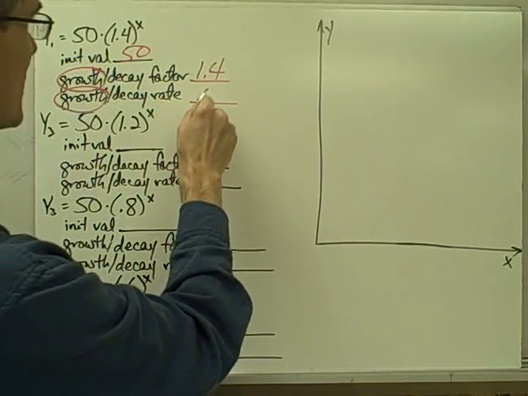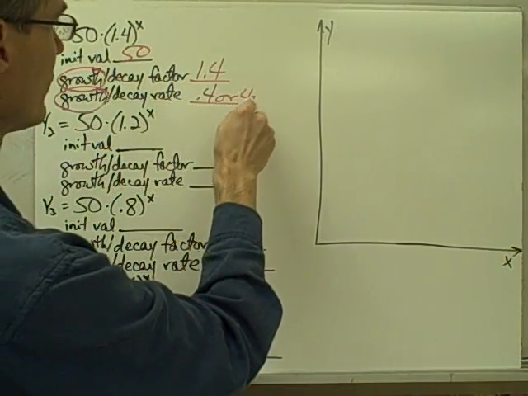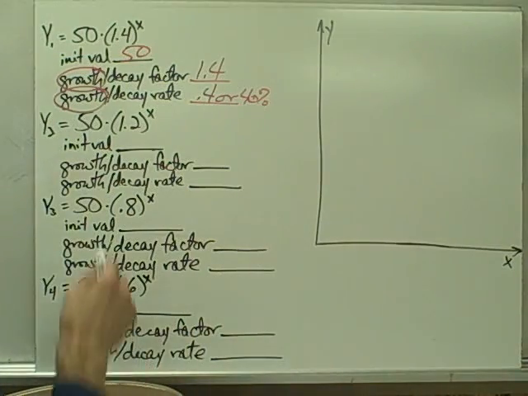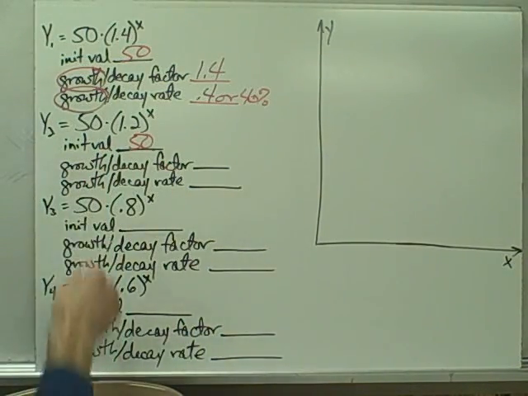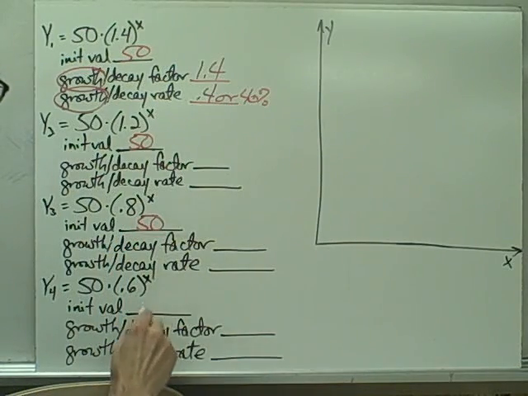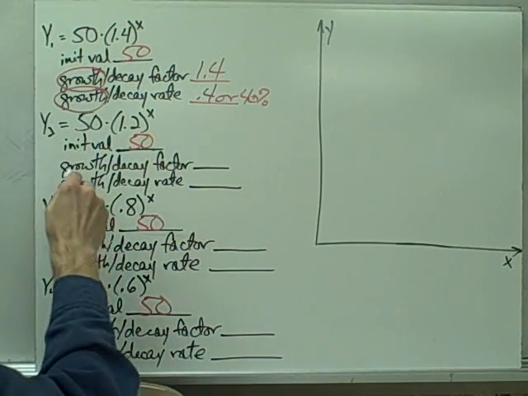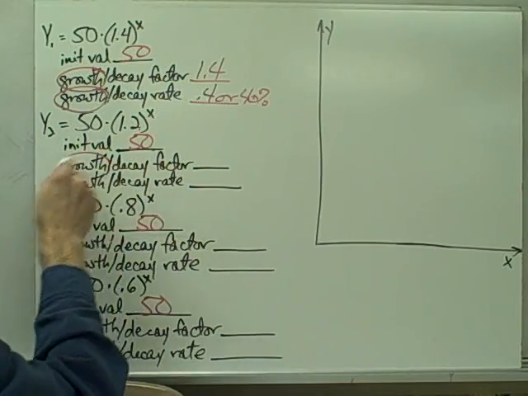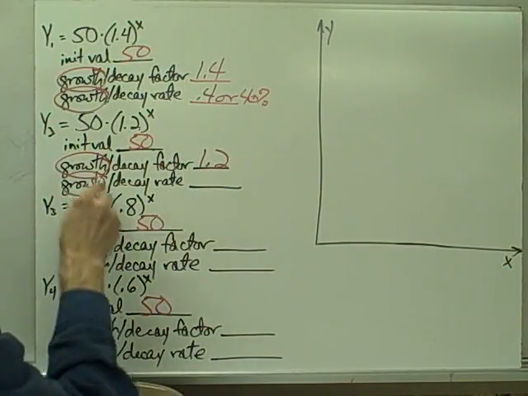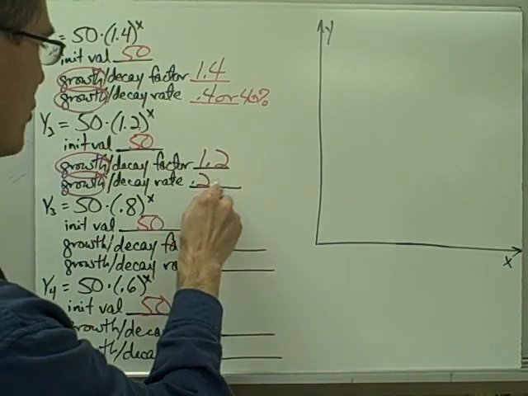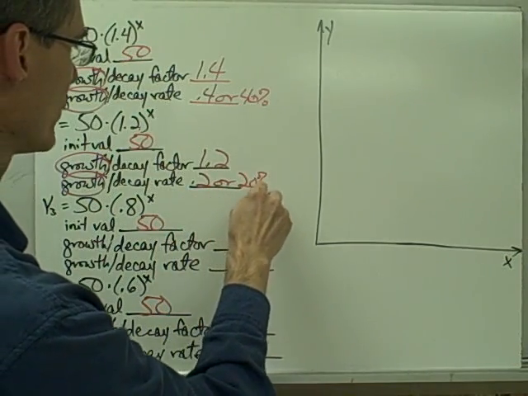Growth rate then is going to be 0.4 or 40%. Initial value, again, is 50. In fact, I can see my initial value for all 4 of these is going to be 50. Growth or decay factor, again, I've got a growth factor because it's greater than 1. That's 1.2. And a growth rate then is going to be 0.2 or 20%.